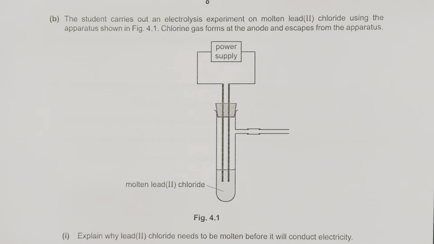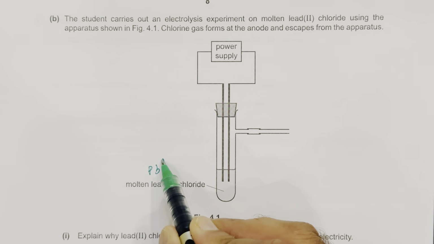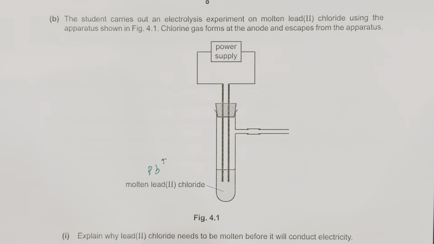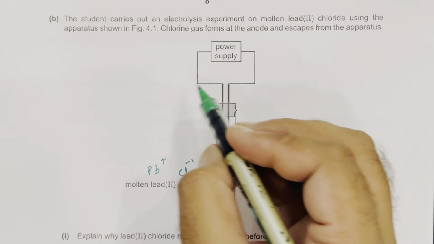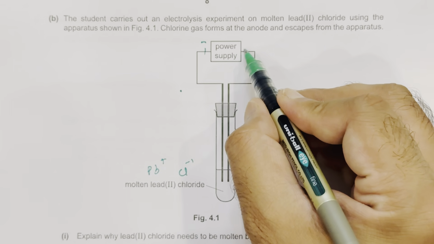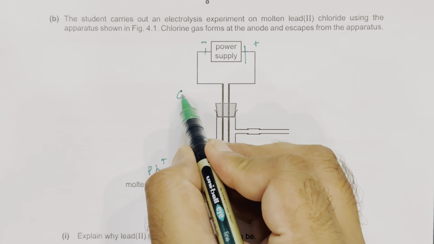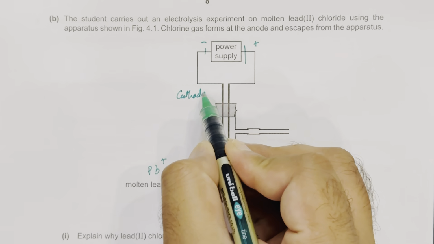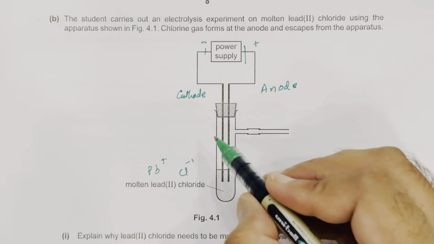We know that it's molten lead chloride, so we're going to use Pb2+ here, and this would be Cl-. Cathode would be negatively charged, and this is positively charged. So we're going to write cathode over here, anode over here. This is just for your understanding.